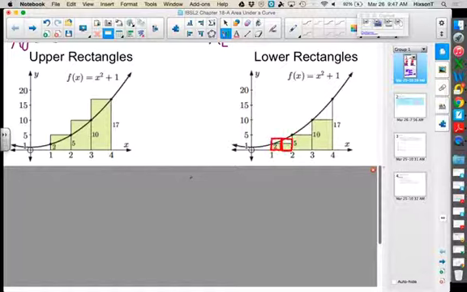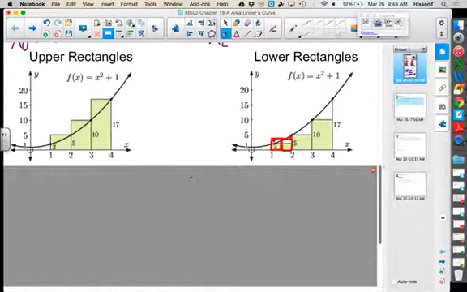And you'll notice the advantage to this is I would have a little bit extra right there, but I would leave out a little bit over there. So you're counting a little bit that you shouldn't, and you're leaving out a little bit that you should include, and you get a little better approximation.